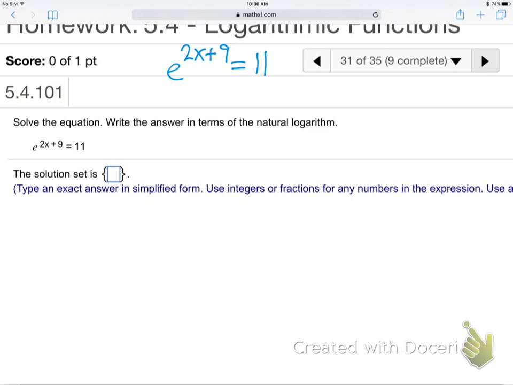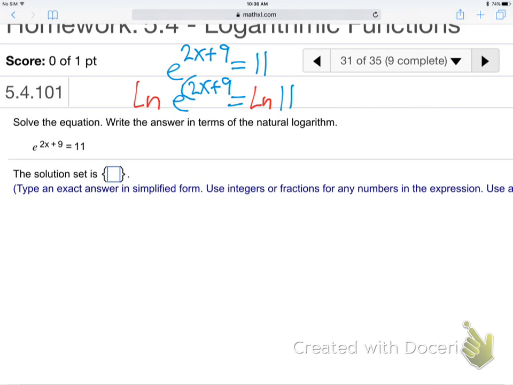Got it. So take the natural log of both sides, right? Natural log of both sides.